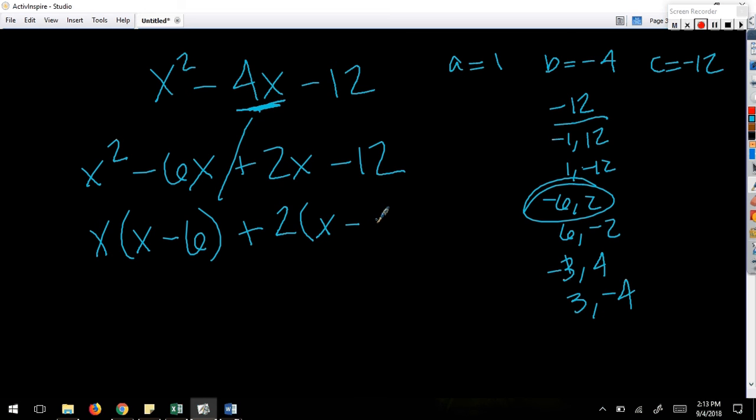X minus 6, we're taking a 2 out. If I've done it right, both of these parentheses are going to be exactly the same. And I can take those out and put them in the front. So I take out the x minus 6. If those are gone, what's left? X plus 2. And it's factored.